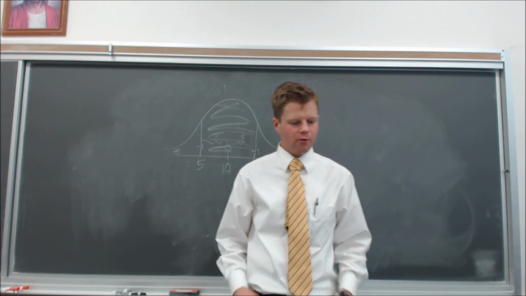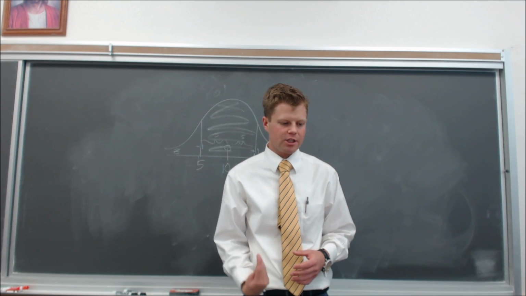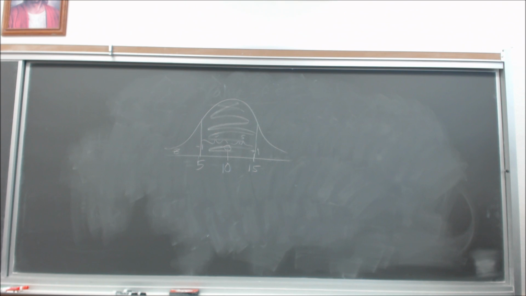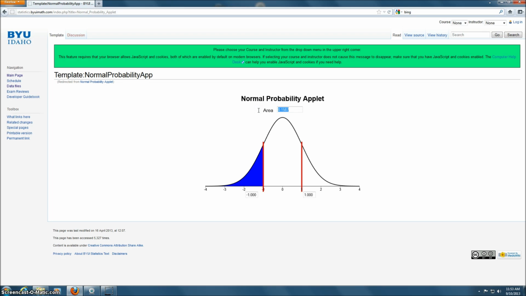Part B. What is the 40th percentile for this population? Okay, we're going to check on the normal probability applet right here real quick to find what that area is. Remember, we are 40 because the 40 is less than half. We need it to only shade this part.